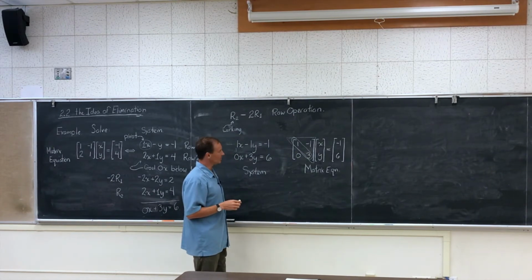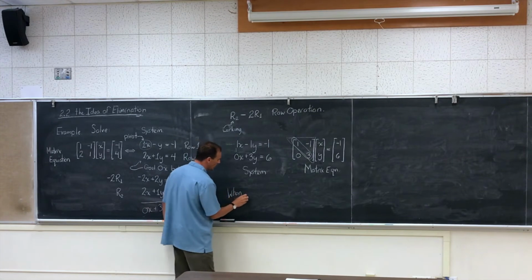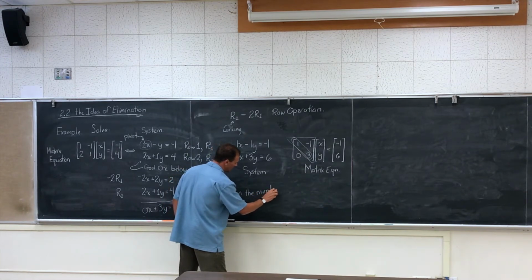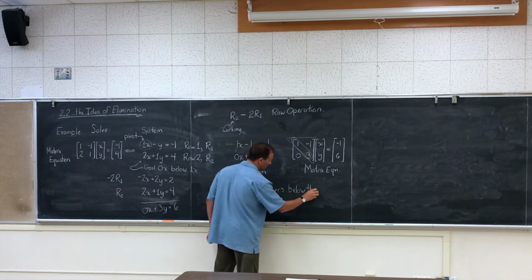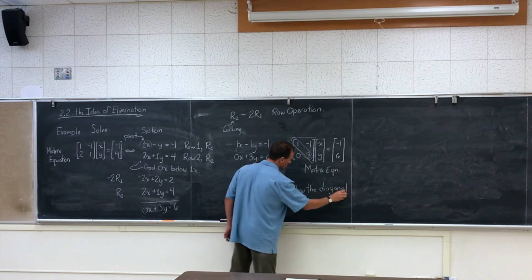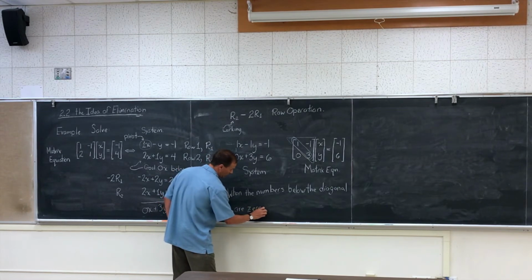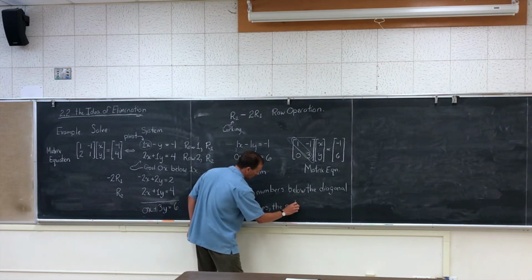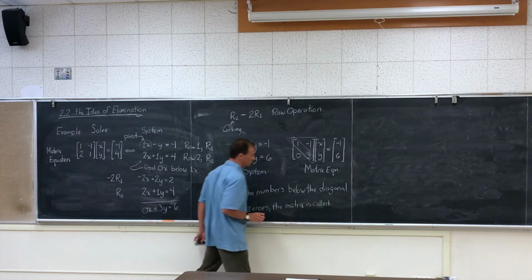So when we have this form, when the numbers below the diagonal are zeros, the matrix is called upper triangular.